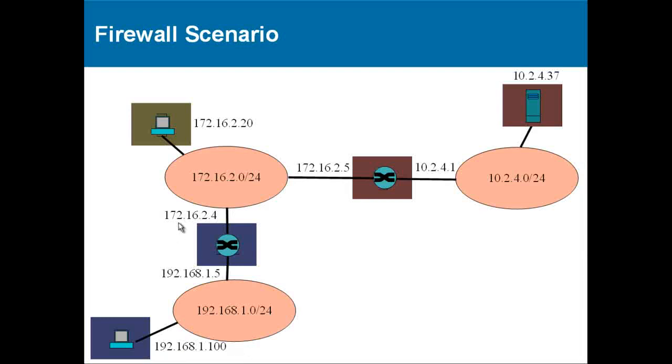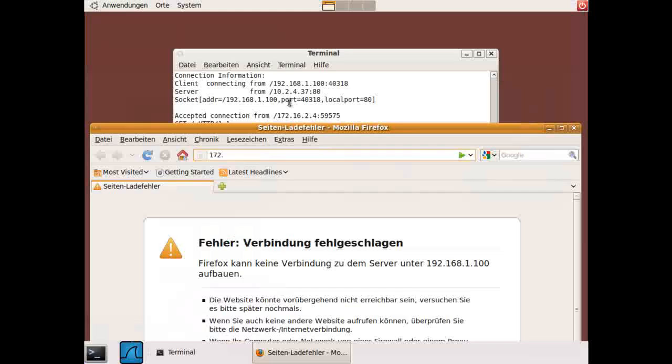So if I'm now using 172.16.24 here, and I'm accessing port 8080, I should be forwarded to 192.168.100. Let's see whether that works.